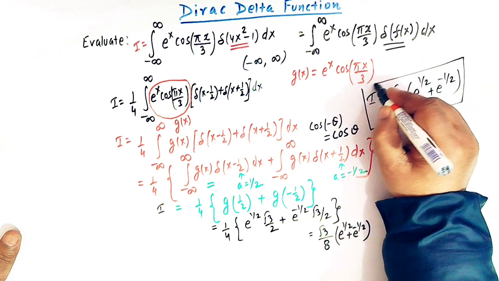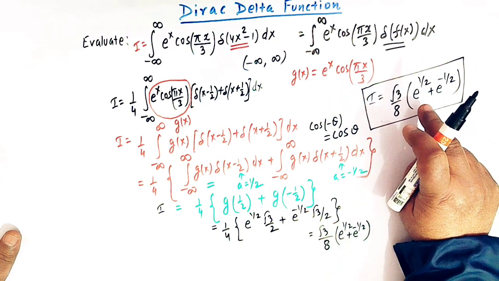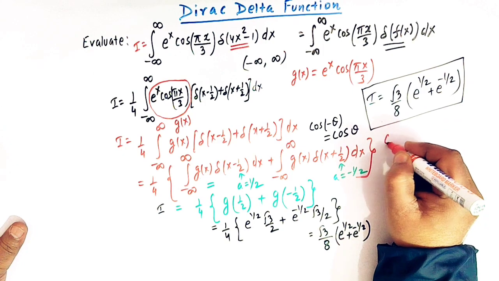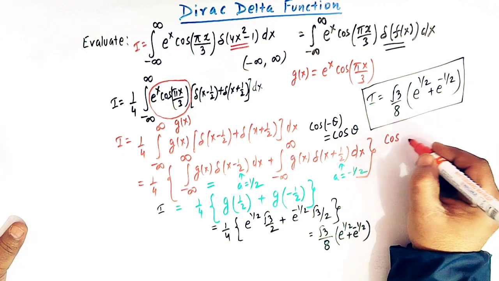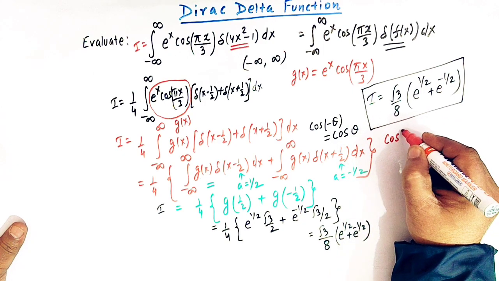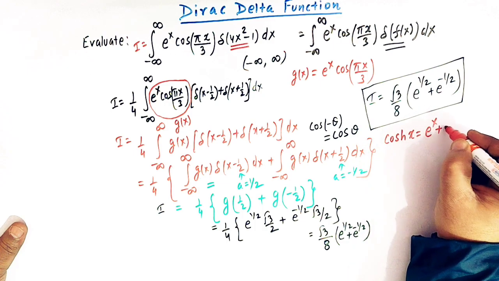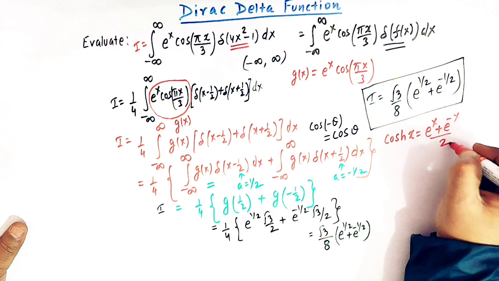And we can also express this in some other forms. We know that the hyperbolic cosine of x is given by e raised to x plus e raised to minus x over 2.